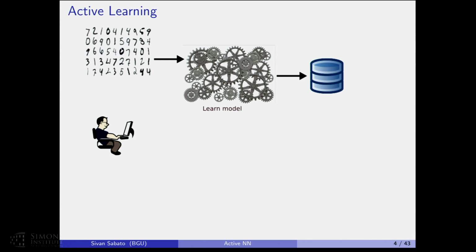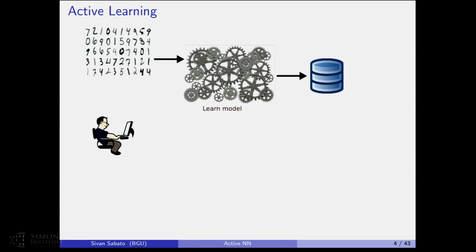So in active learning, the idea is, instead of just asking for all of the labels in advance, let's have some mechanism, some oracle that will be able to give us labels. It could be a person in the case of digits. It could be an experiment if we're in a biology setting and we need to do experiments to get labels.